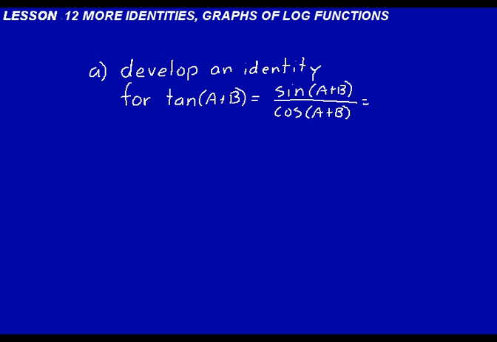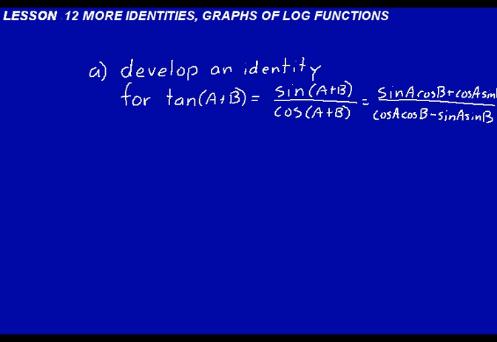Sine of a plus b would just be sine a cosine b plus cosine a sine b. And then cosine a plus b is cosine a cosine b minus sine a sine b.